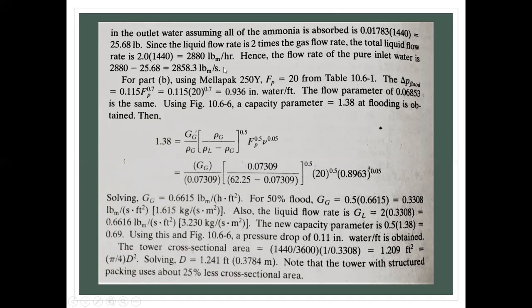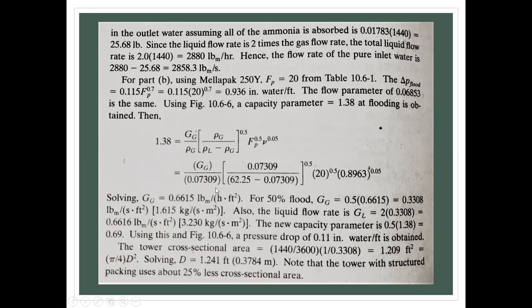This is on the connotation that the 2,880 of liquid carried with it the 25.68 pounds of ammonia that was absorbed. So the original amount of liquid that entered the column is actually 2,858.3 only. So take note, class.